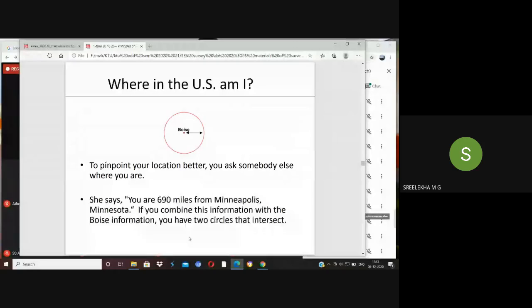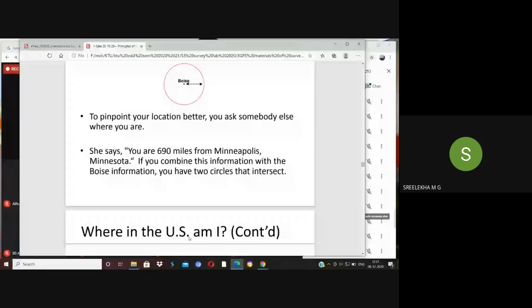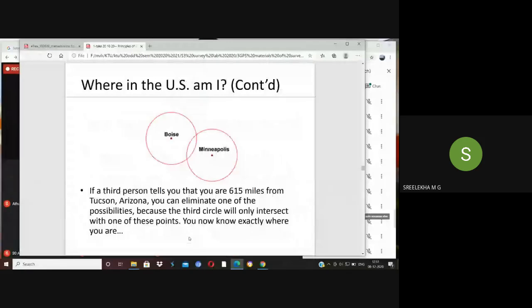Similarly, if we are able to identify the distance from some other location like Minneapolis, from the second station or second satellite, again we can imagine how much distance our location is. So likewise, we are trying to locate our location with respect to two satellites.